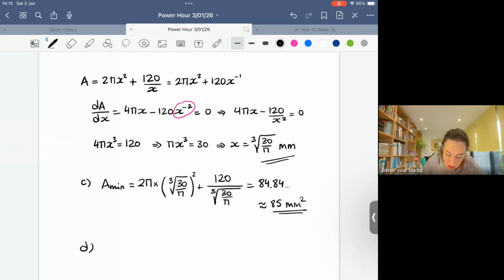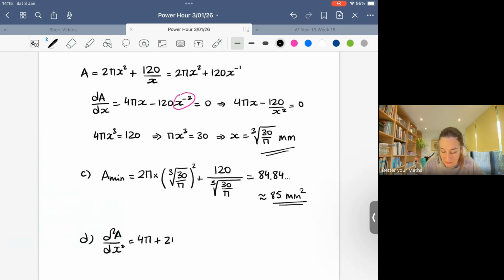For D, I'm going to do the second derivative of A. So I'm starting from here. This is my first derivative. I'm differentiating again. So this one is going to give me just 4 pi. And the second part, this one goes multiplying. So minus minus becomes plus. 120 times 2 is 240. And x goes down by 1 more.